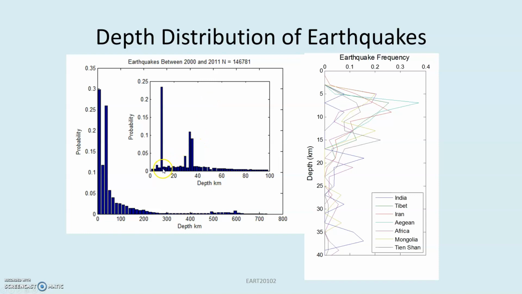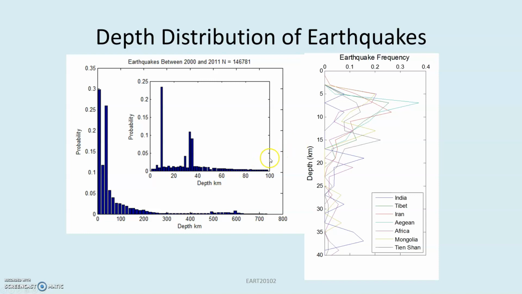And in that database there are these big peaks in the number of earthquakes at 10 kilometers and around 30 kilometers depth. And this isn't real. This is just a result of seismologists. If they're uncertain of the depth of an earthquake, they just assign it 10 kilometers, or about 32 kilometers if it's thought to be deeper. So these peaks in here are artificial.